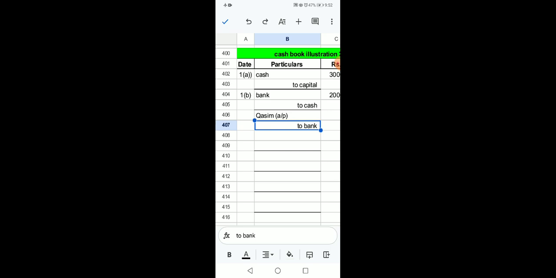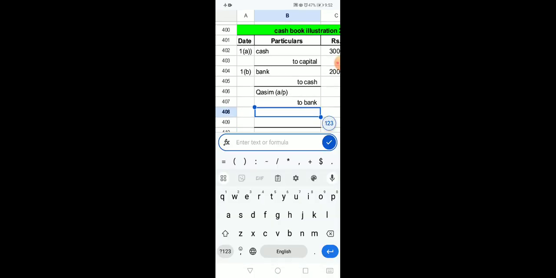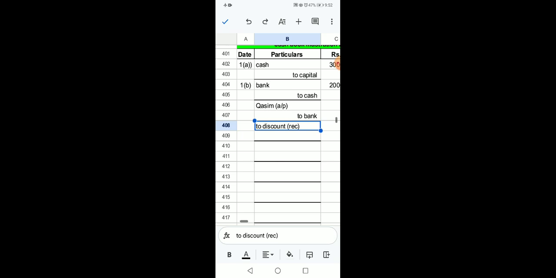He will allow you the discount, and you will receive that discount. If you receive the discount, that is your plus point, that is your income, which should be mentioned on the credit side. So you will mention discount on the credit side because this is discount received. That is why you are mentioning it on the credit side. Our journal entry has been completed. Now we'll be focusing on the amount.